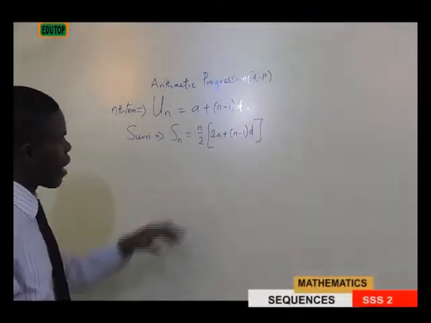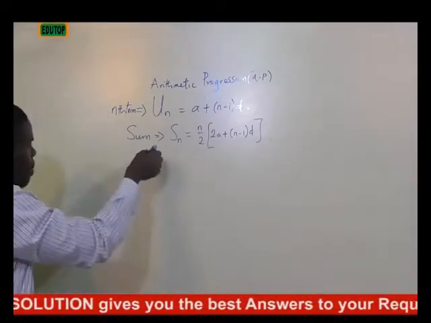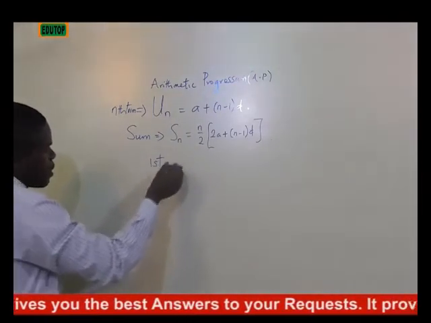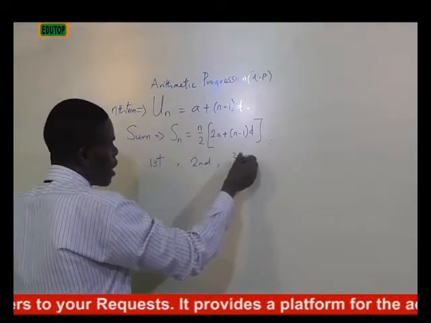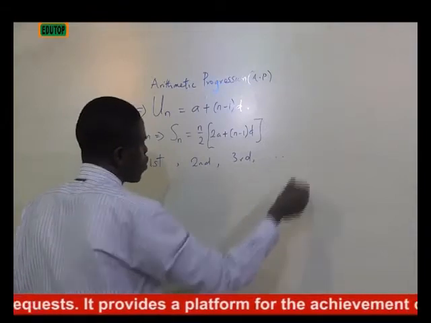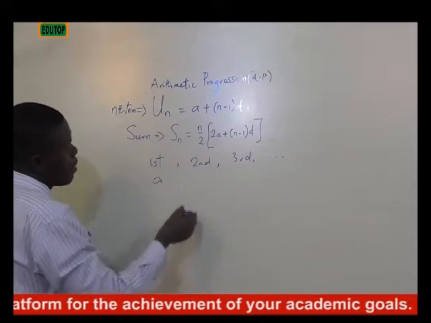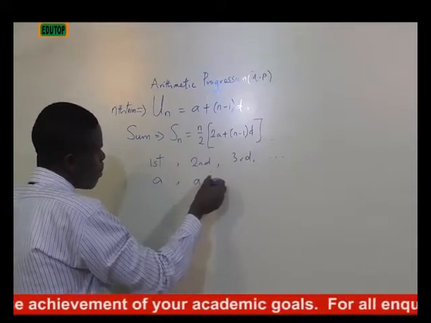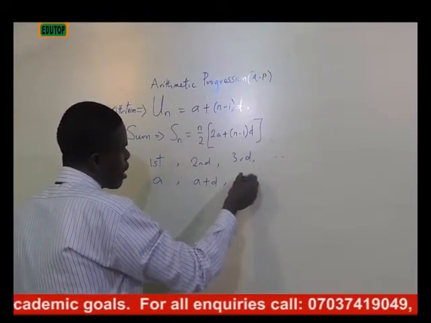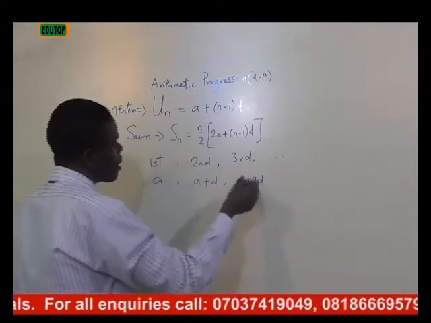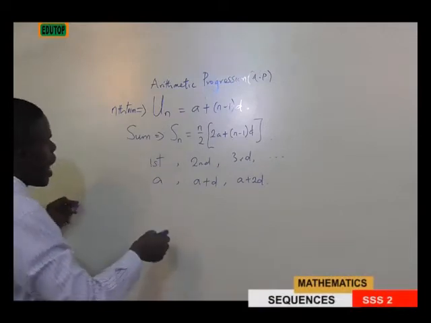So this is another important formula in AP. When we talk about the first term, the second term, the third term, and so on, the first term is denoted by A, while the second term is denoted by A plus D. The third term is denoted by A plus 2D, and that is derived from the use of the formula for the nth term.